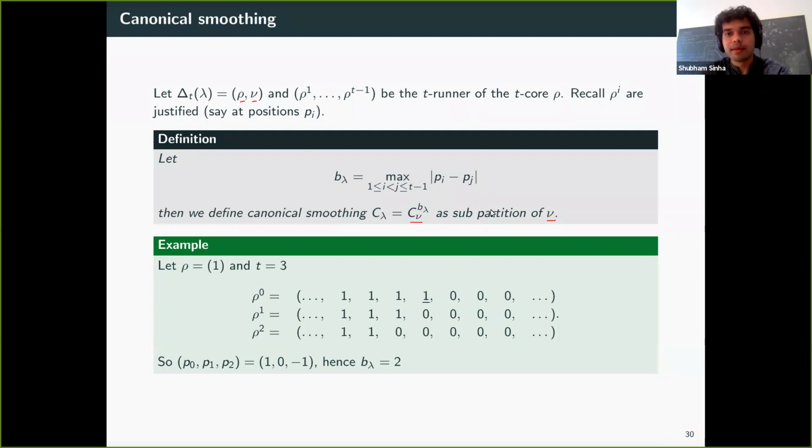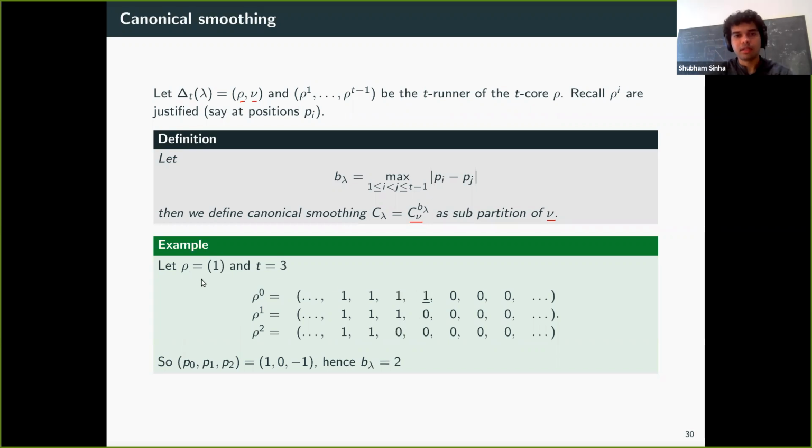partition, where you want some B-smoothing, where B is the maximum of the difference between Pi and Pj. If you recall, this B lambda depends on the row, and is the difference between the position of the rightmost 1 and the leftmost 0 plus 1.